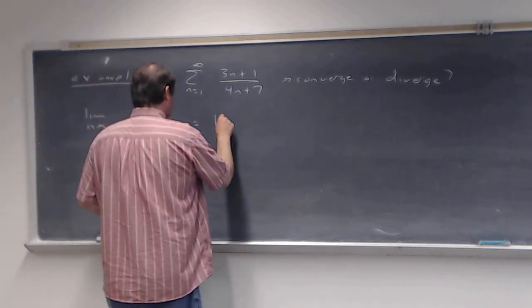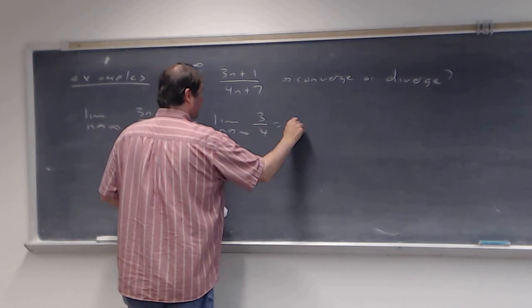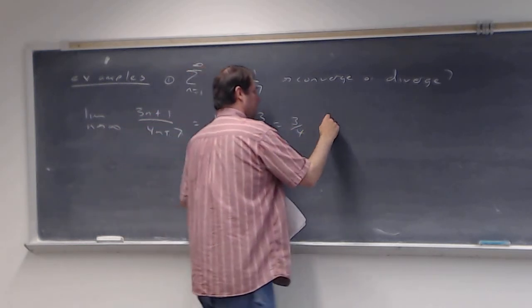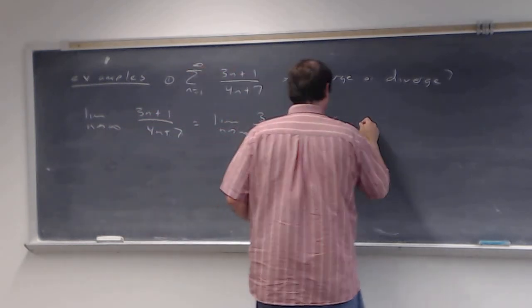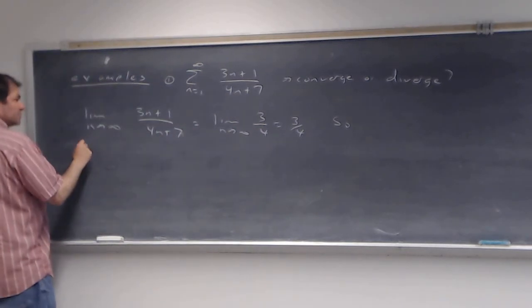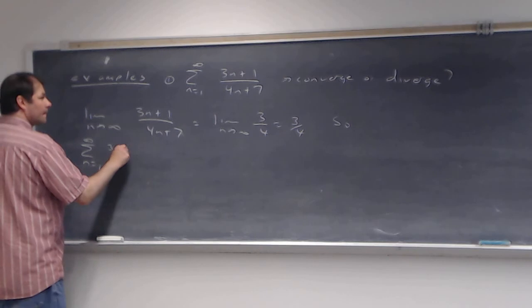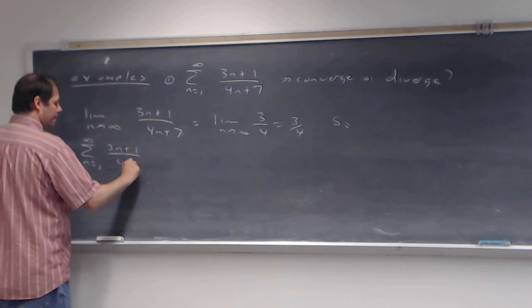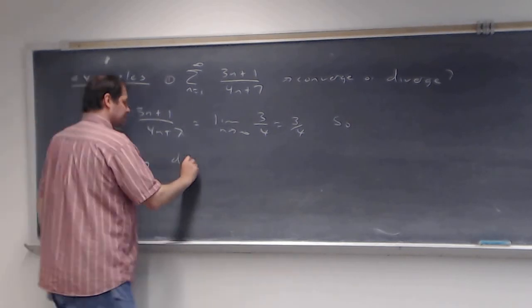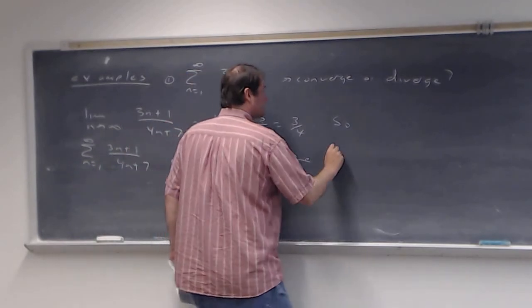That's the same thing as the limit as n goes to infinity of 3 over 4, which is equal to 3 over 4. And so that is not 0. The limit of the sequence didn't converge to 0. So that summation diverges by the divergence test.